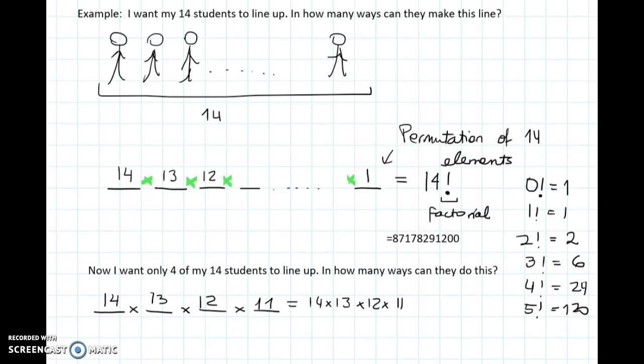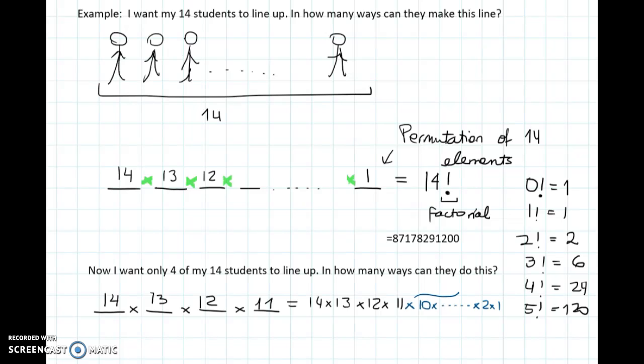But it would be convenient to notice that actually, let me erase this here, this is in fact a quotient of factorials, because I could keep multiplying times 10 times blah blah blah all the way times 2 times 1.